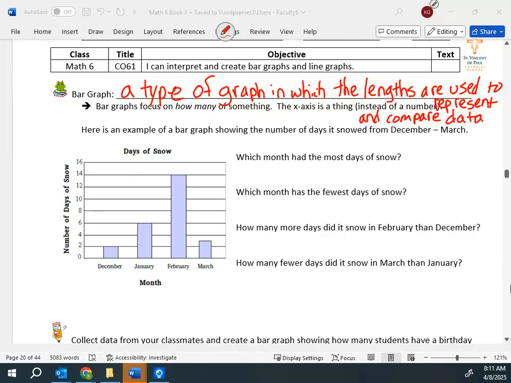So the lengths of our bars is what we use to compare our data.